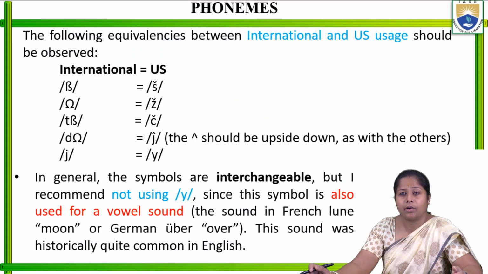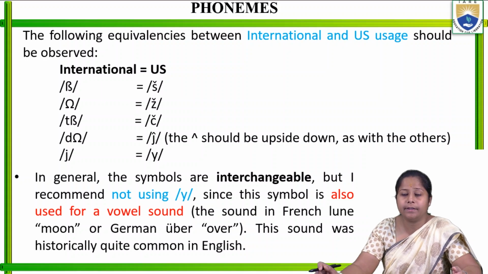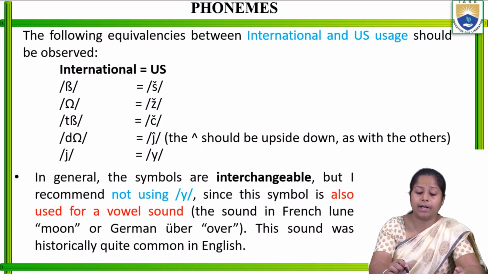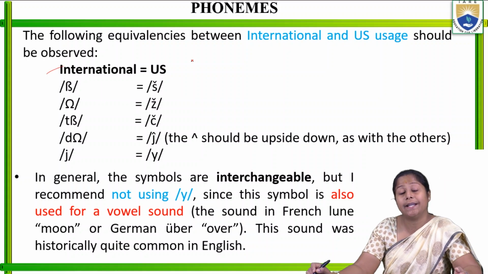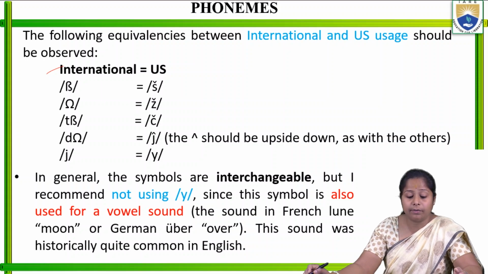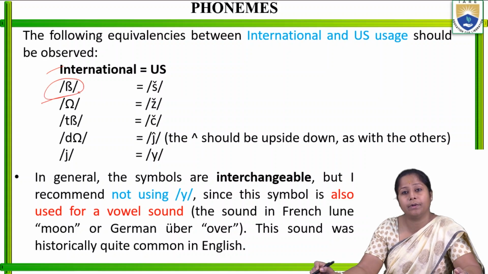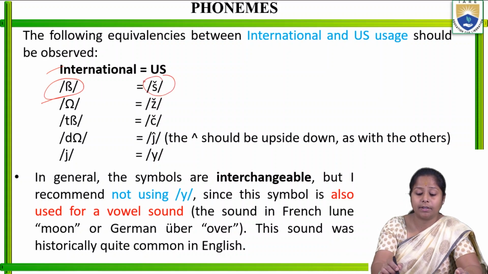Now let's talk about the following equivalents between international and US usage that should be observed by us. Some letters have been written in this kind of table, showing the international equivalent alongside the US equivalent. Whenever we need to write this word like this, the transcript will be written, and in the US that will be written like this.